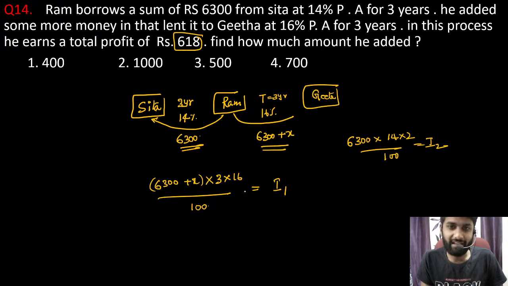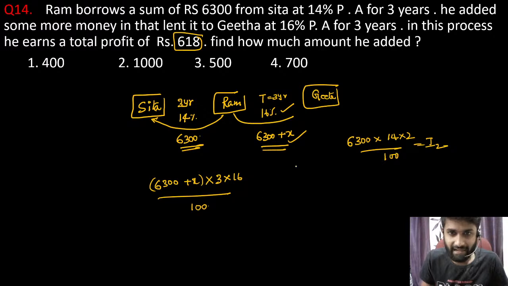Here see that for the entire transaction, he got an extra amount of 618 rupees. Why did he get an extra amount? Because the rate of interest increases. He added some amount. That's why this equation minus this equation, the difference value becomes exactly equal to 618. Just go through the calculation.